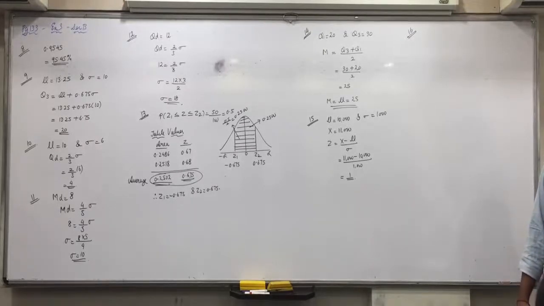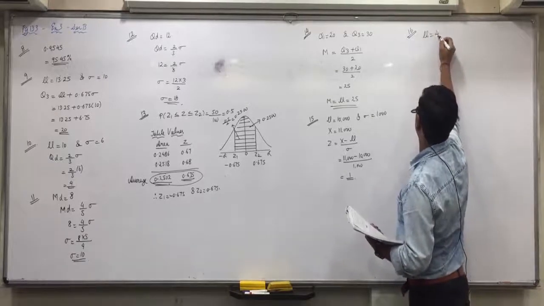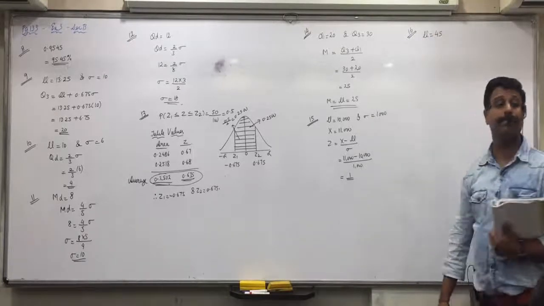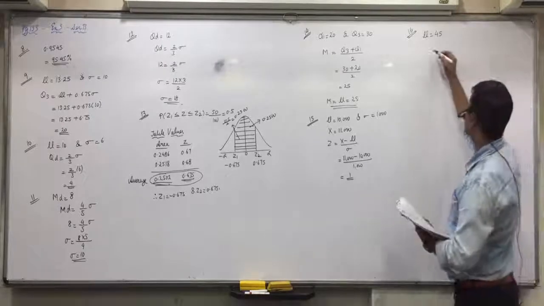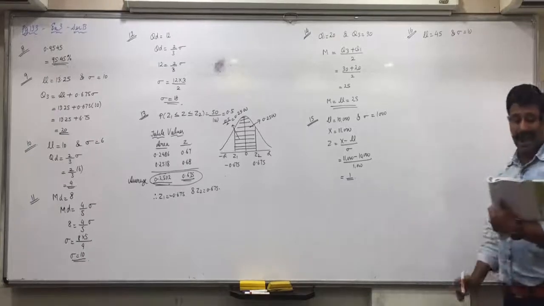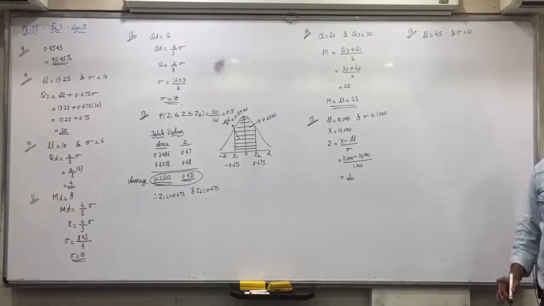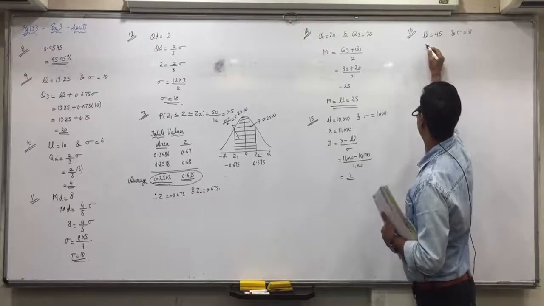The age of a group of persons follows normal distribution with mean mu 45 years and standard deviation sigma 10 years. Calculate the Z score for a randomly selected person having age 60.